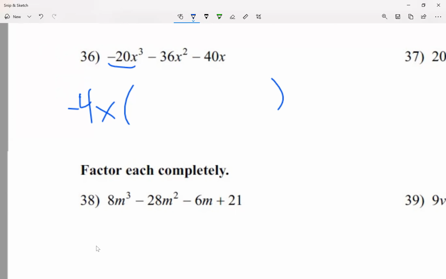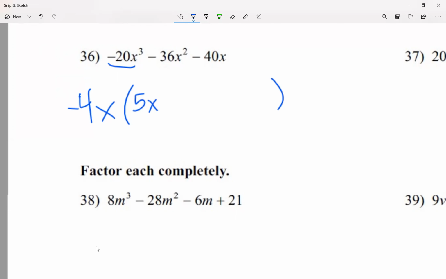Look at the first number. Remember, I'm going to divide everything by -4, and I'm going to subtract a 1 from each exponent, letter-wise, right? Number-wise, divide by -4. Letter-wise, subtract the 1 from each exponent. So -20 divided by -4 is +5.